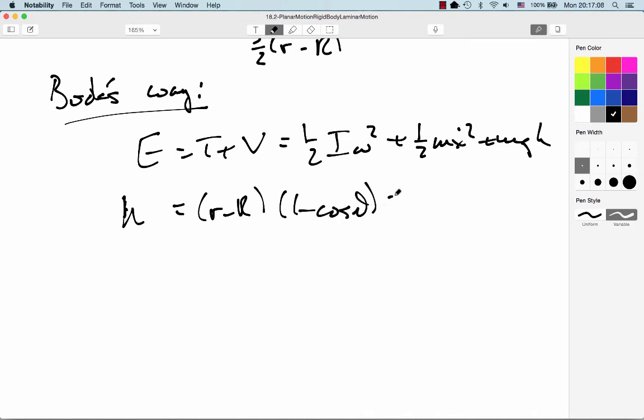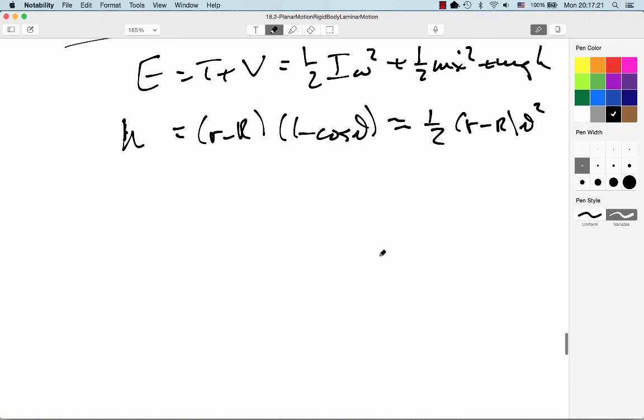We've worked that through before. And so we'll say that that's approximately 1/2 (R minus r) theta squared, keeping the first two terms of the Taylor series of cosine. Okay, so you can also say that omega is equal to x dot over r. So this will equal R minus r over r times theta dot.